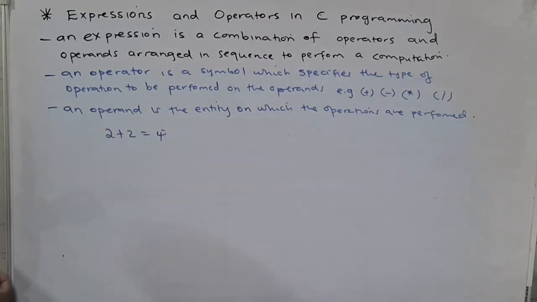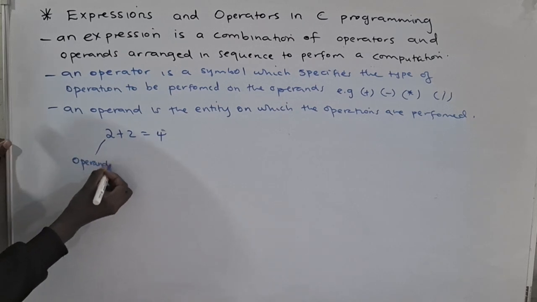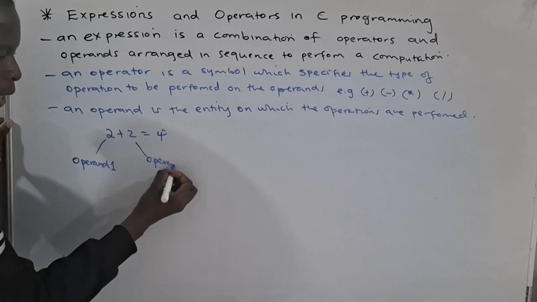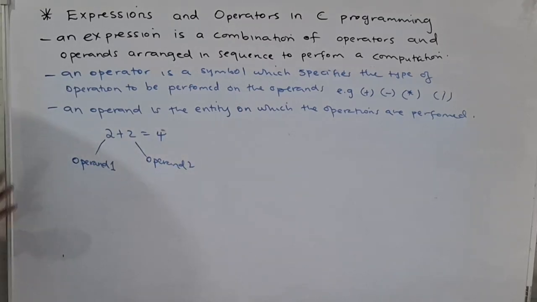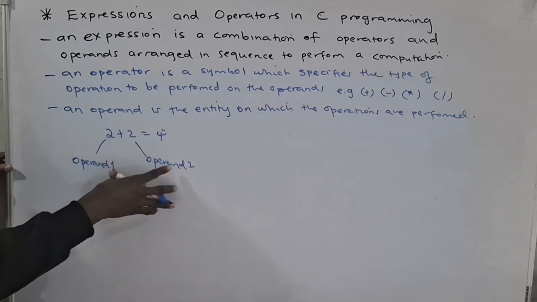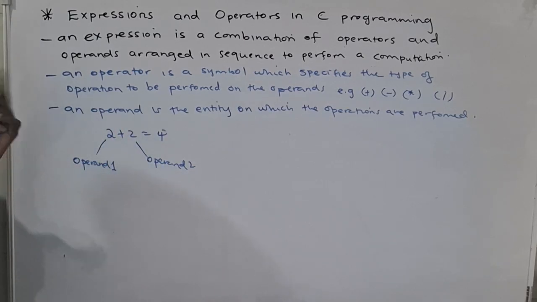The answer is 4. The first 2 is operand 1, and the second 2 is operand 2. So these are operands, the entities on which the operations are performed.